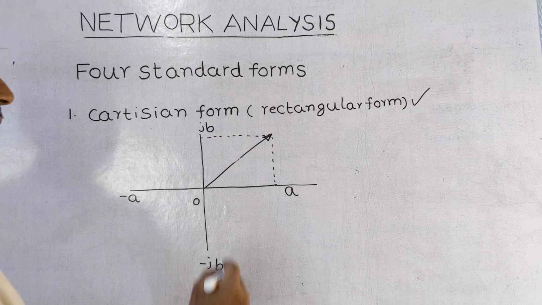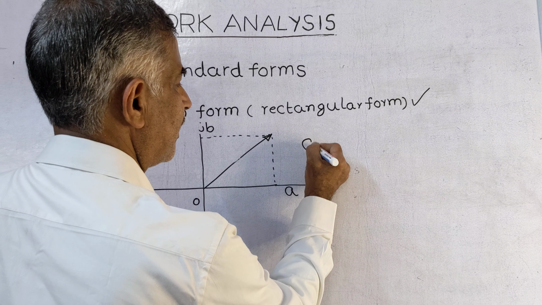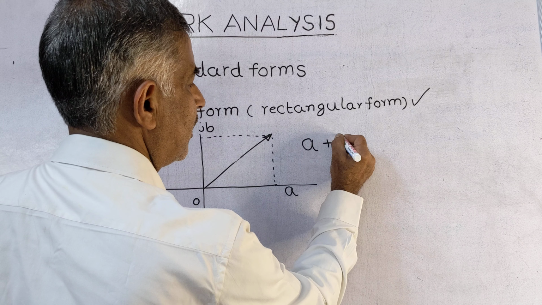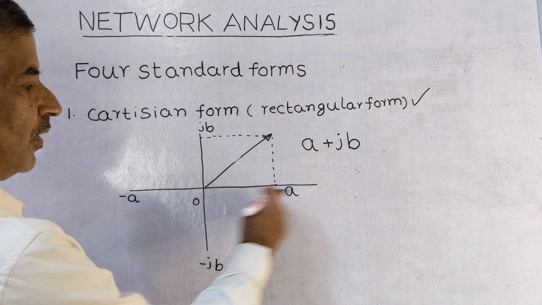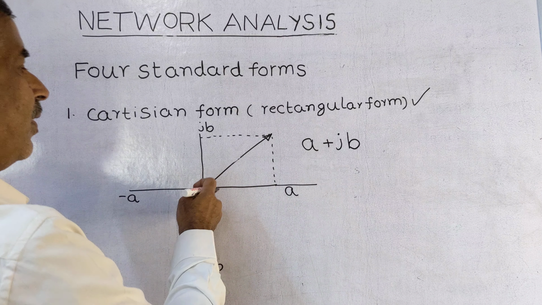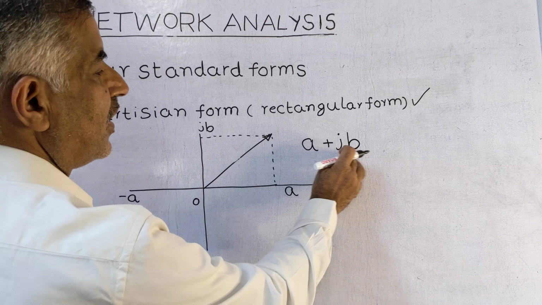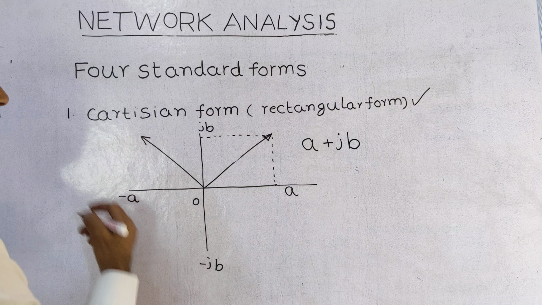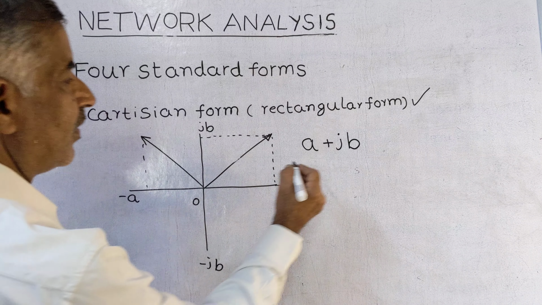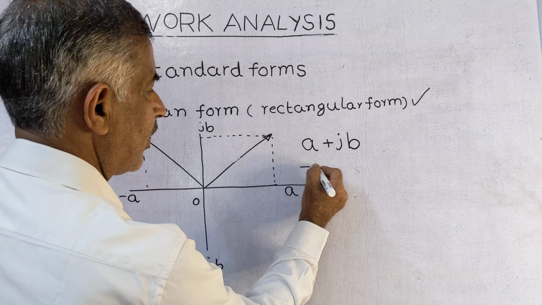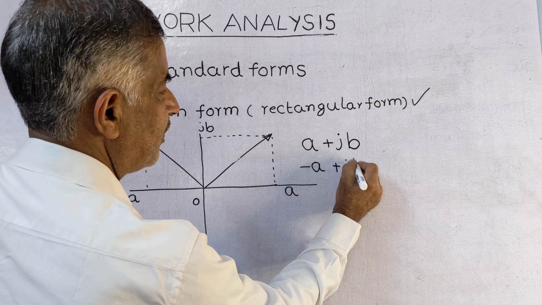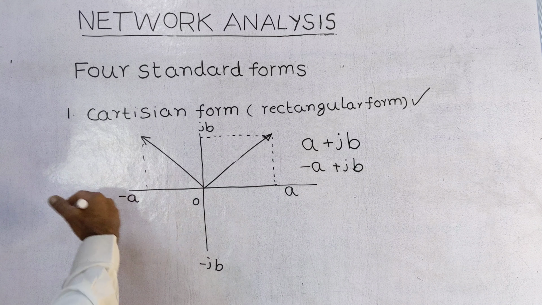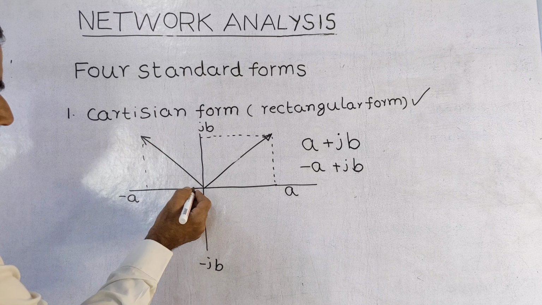In Cartesian form, we represent it like this: A plus jB, because here A is positive and B is positive. If it is positioned here, it is represented as minus A plus jB, because A becomes negative and B remains positive.